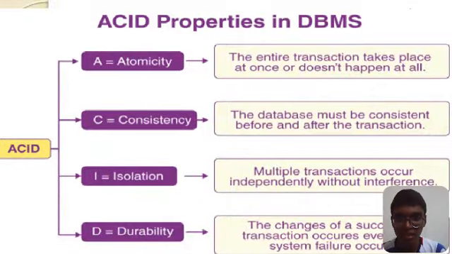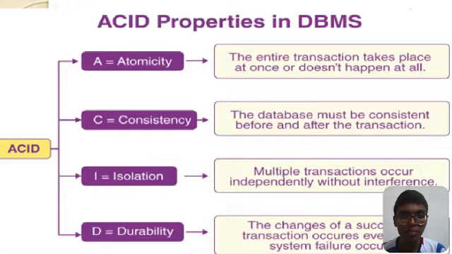Now we will see the ACID properties in DBMS. ACID means A stands for atomicity, C stands for consistency, I stands for isolation, D stands for durability. Atomicity: the entire transaction takes place at once or doesn't happen at all.